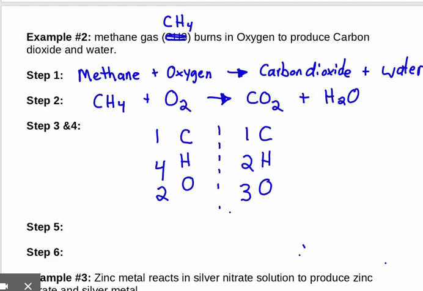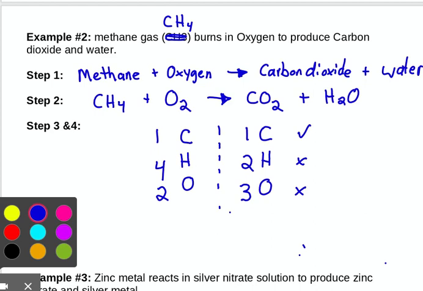So we do a little check. Carbon is added up, hydrogen not adding up, and oxygen not adding up. So remember our rules. Our rules were leave oxygen and hydrogen till the end. Looks like we have no choice because carbon is already balanced out.